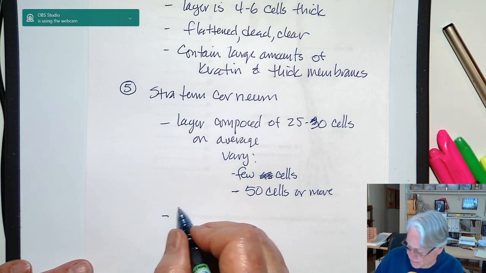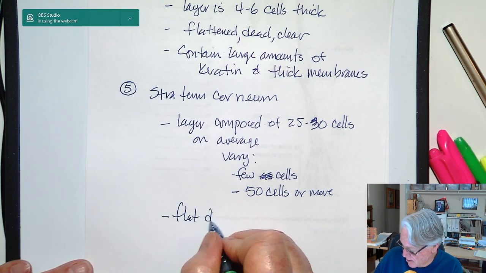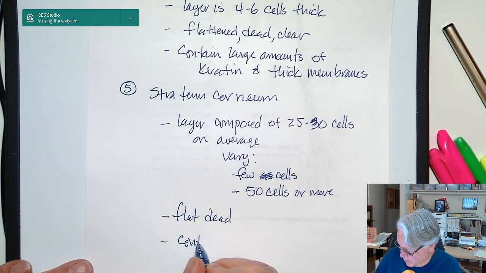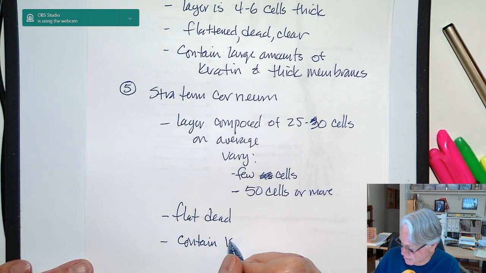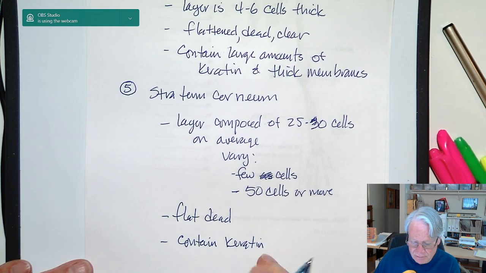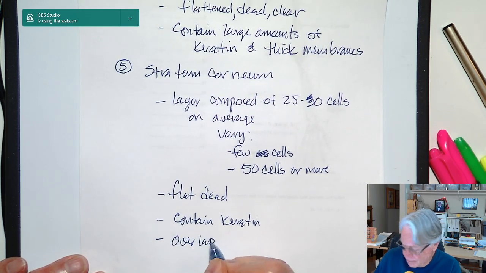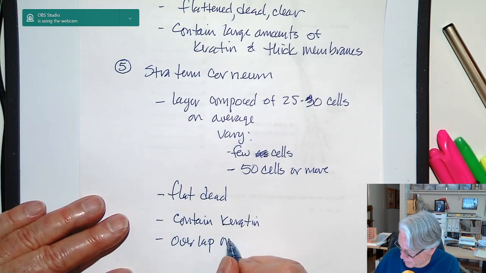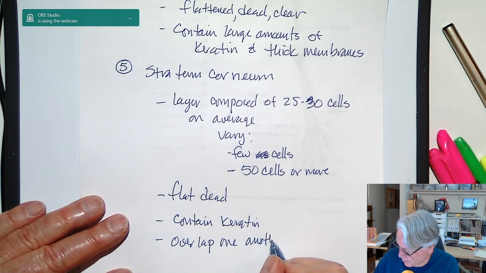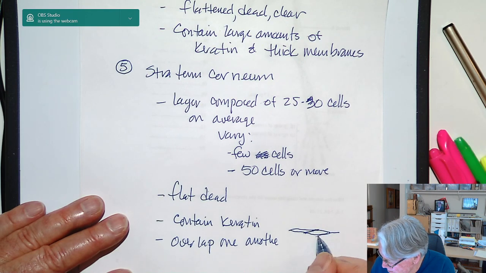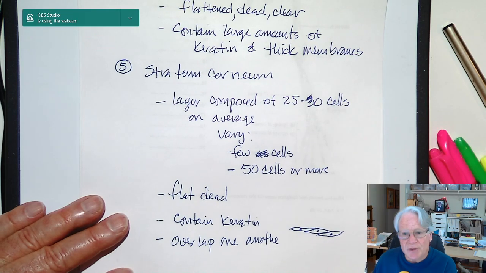These cells are flat and dead. Okay. They contain keratin. Okay. They overlap one another. In other words, they have this overlapping structure.